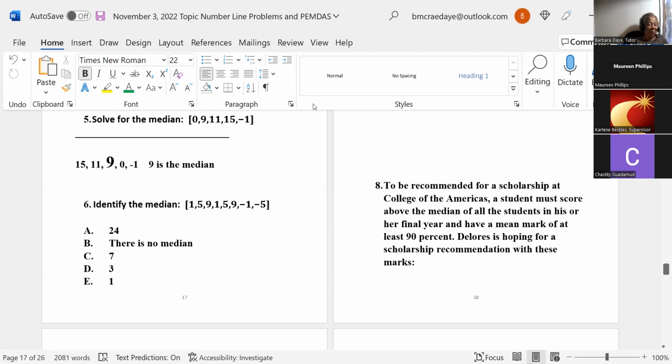Identify the median. Put them in order and multiple choice. Now, high to low. Remember, the biggest absolute value negative is really smaller, right? So your -5 is smaller than a -1.